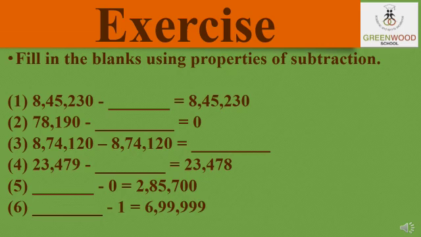The first property was that if we subtract a 0 from any number, the answer is the number itself. If we subtract 1 from any number, the answer we get is the predecessor of that number. And the third one was if we subtract the two same numbers, we get answer as 0.